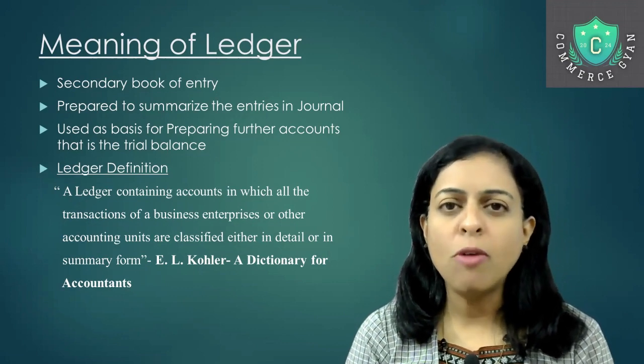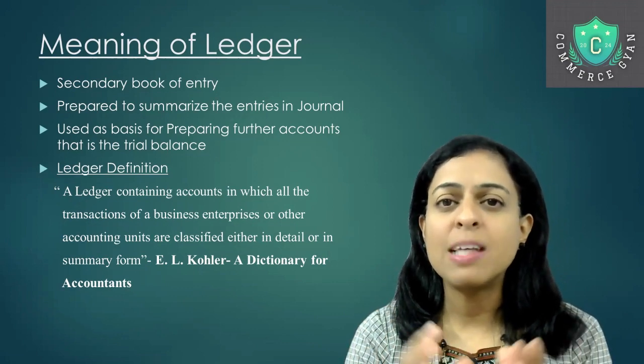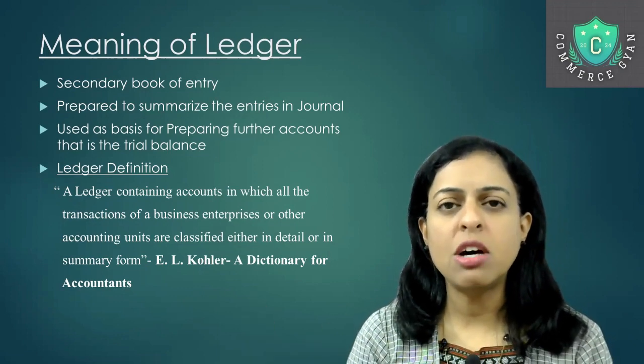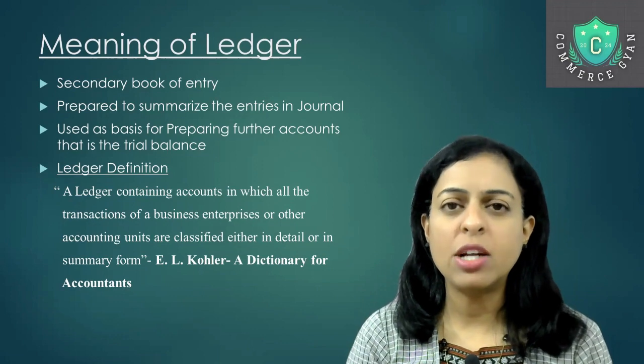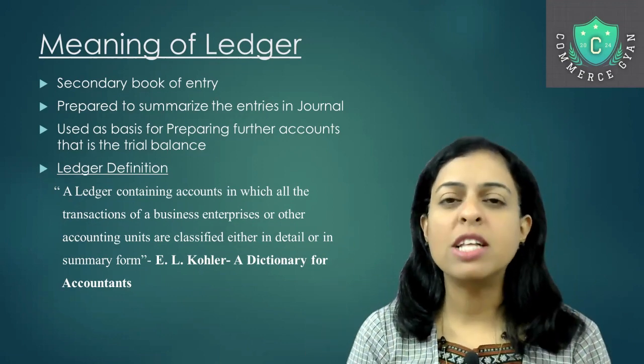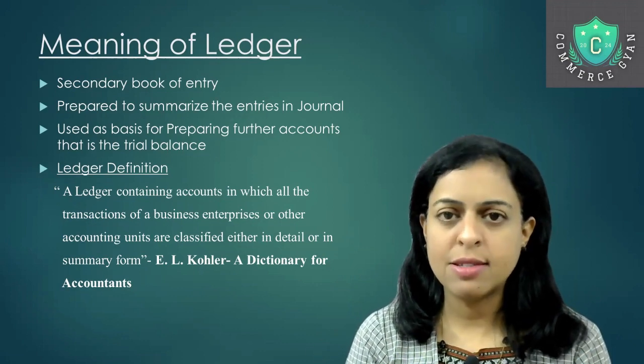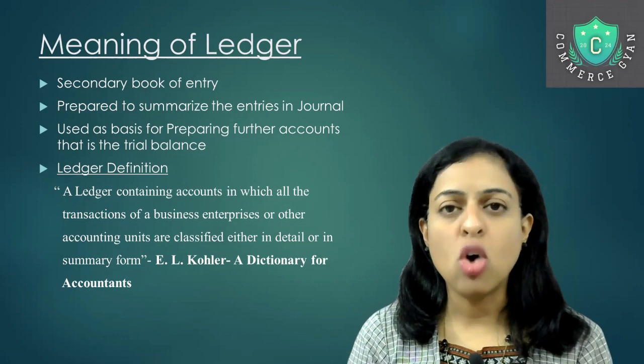So what is the job of the ledger? The ledger is doing a summary. So it's collecting all the printing and stationery figures and amounts under one account in one single page, and then you can take a total and tell the balance, right? That is the job of the ledger.